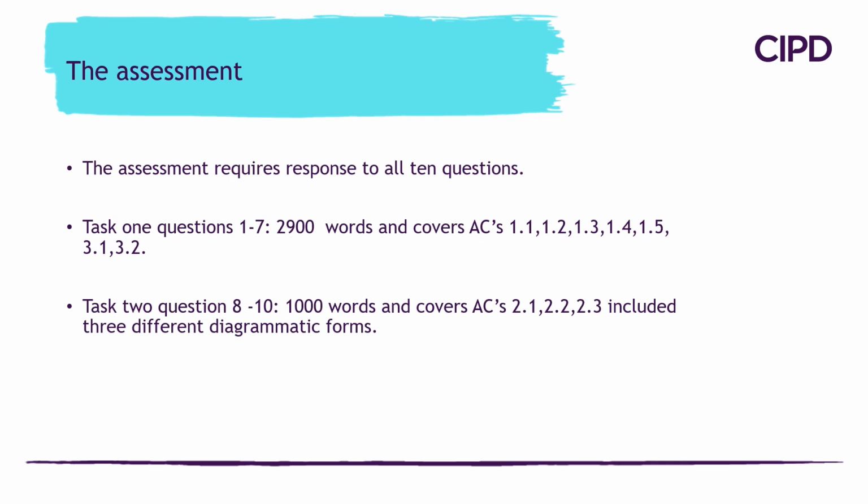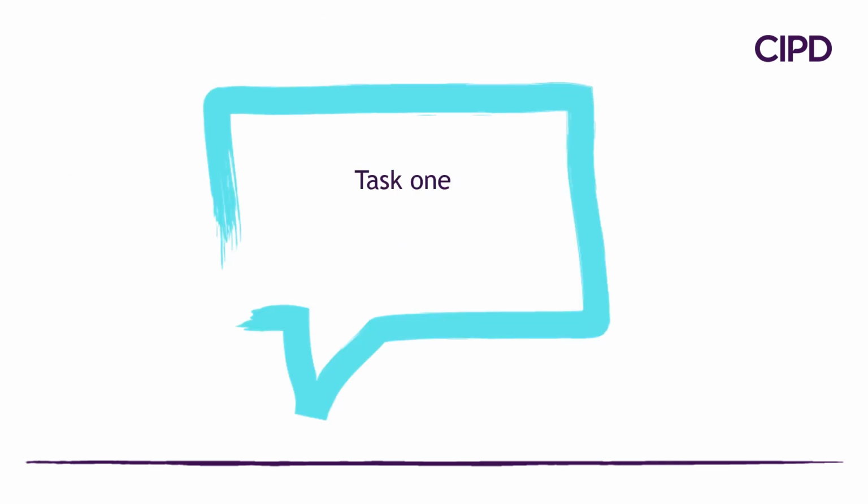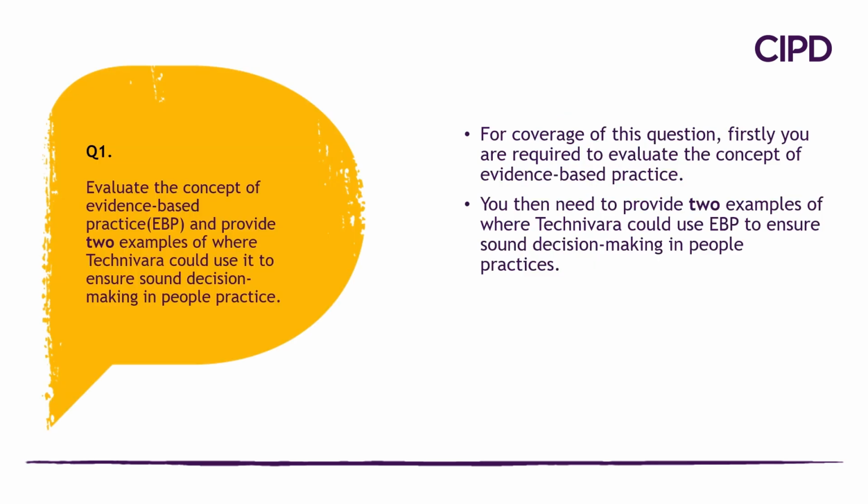Task 2 questions, covering questions 8 to 10, has a 1,000 word allocation and covers ACs 2.1, 2.2 and 2.3, including 3 different diagrammatical forms. So firstly, let's look over task 1. So let's look at each of the questions.